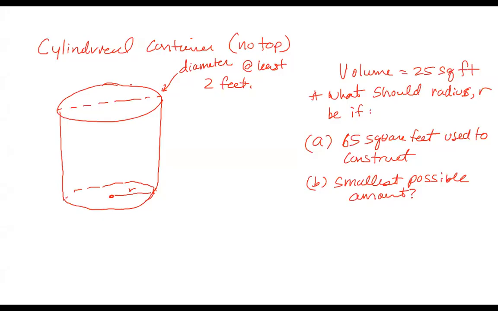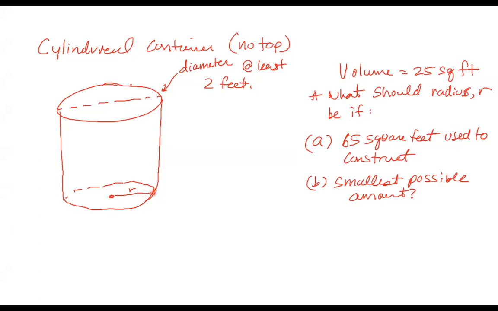So this is kind of a picture of what we're after. We know we want to select a cylindrical container, kind of a wastebasket looking container that's circular at the top, right? And radius r. We want to figure out, what does the radius have to be? We know that the diameter across the top here has to be at least 2 feet. Diameter is all the way across, where radius is just halfway from the center out there.